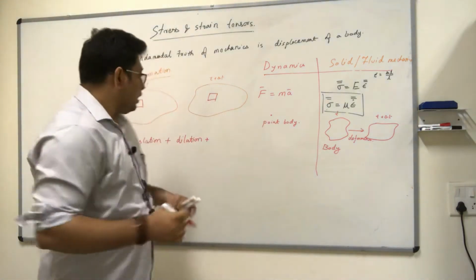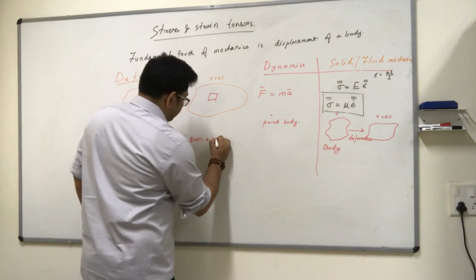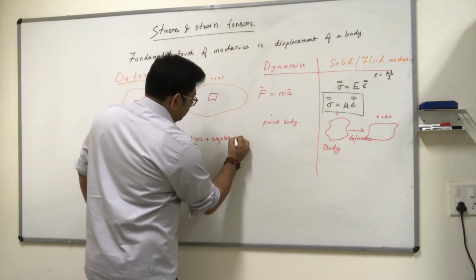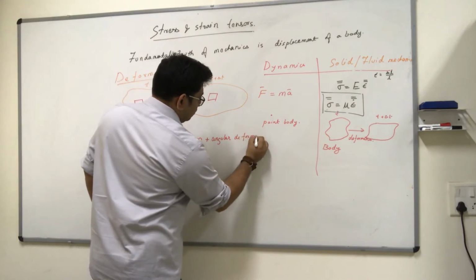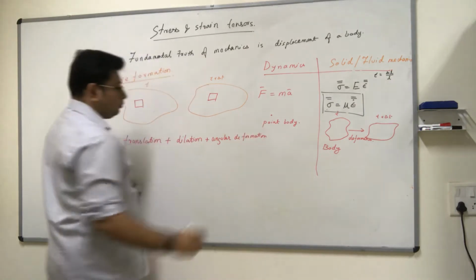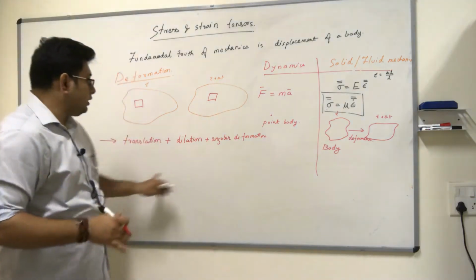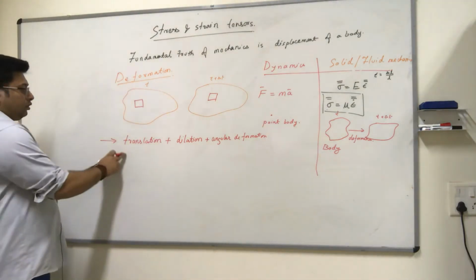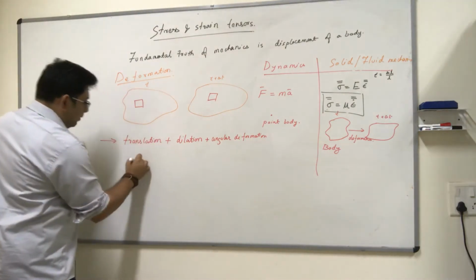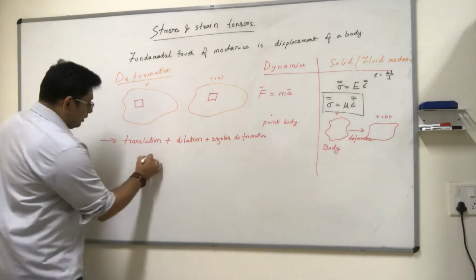The other is angular deformation, which is nothing but shear. We'll look at each of these points in more detail. And the final was the rigid body motion.